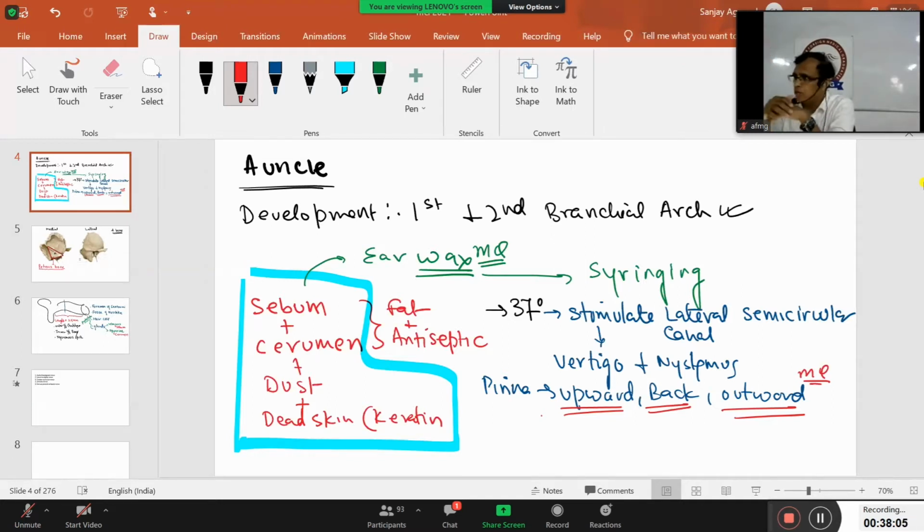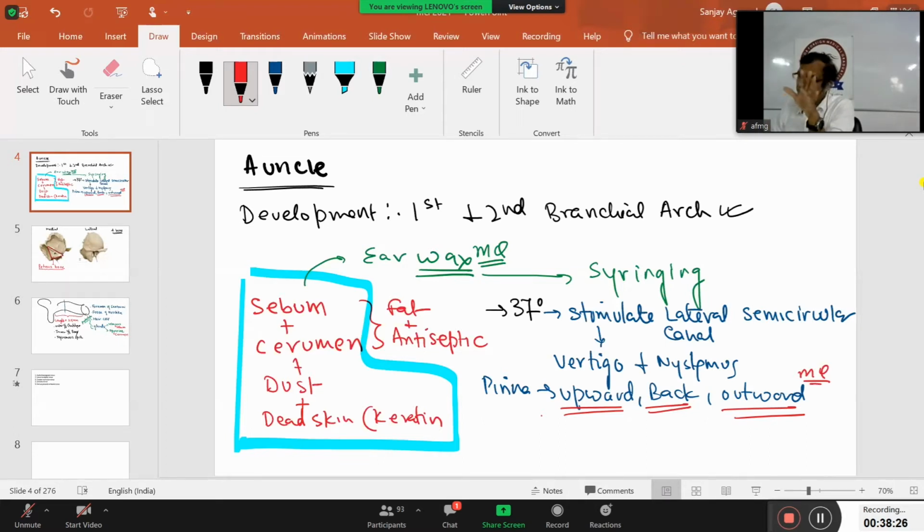You can put hair oil also. Doesn't matter. So you put 2 drops of oil, it will drown the fly, and then you do the syringing and remove the wax. That's what we do. Done? So if they ask me if a fly goes in the canal, what is the next thing you do? The next thing I do is put 2 drops of oil in the canal, then syringe.